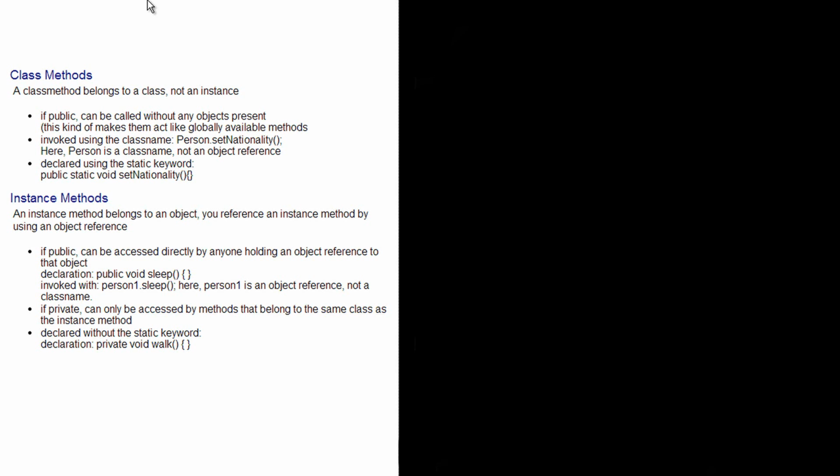We're going to start here with class methods versus instance methods. We were looking at the differences between class and objects in the prior tutorial. We were drawing out a class as a rectangle, and in this case, let's say we have a class called person.